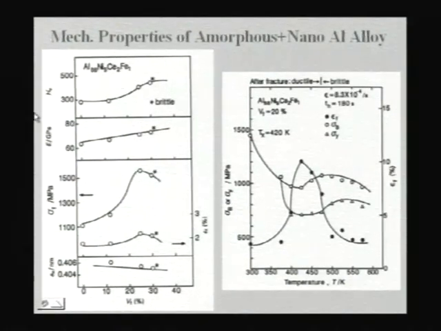And that shows you that if you increase the volume fraction of those embedded aluminum nanoparticles, the strength increases, the hardness increases, Young's modulus increases, and one can achieve very good strength levels here, about almost 1.5 gigapascals fracture strength in all these alloys.